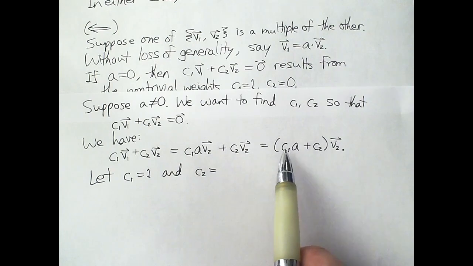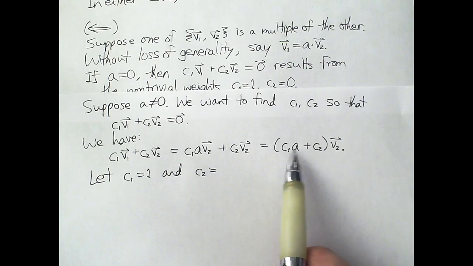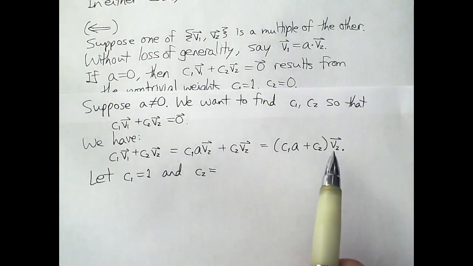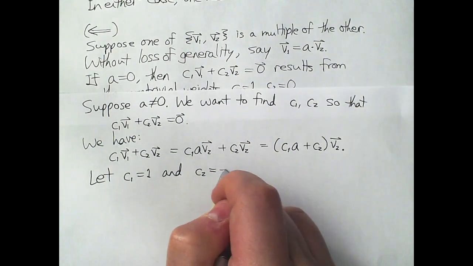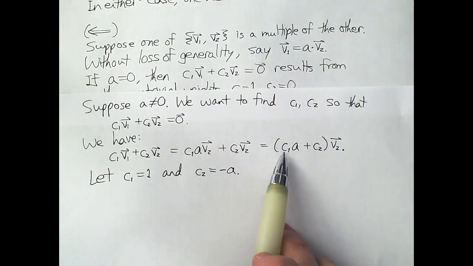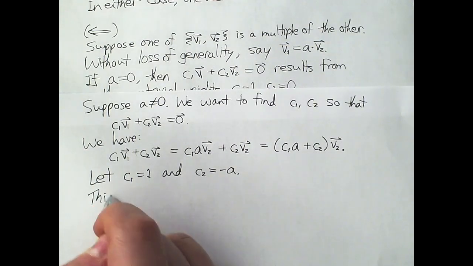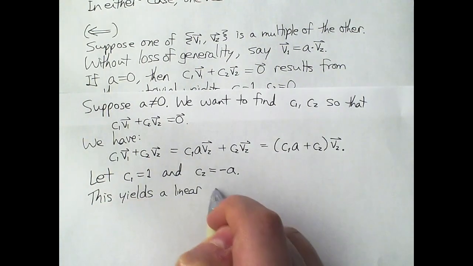I don't want them both to be zeros. That would be the trivial solution. But can I find a non-trivial C1 and C2 that makes this whole thing 0? And here's what I found. Let C1 equal 1 and let C2 equal negative A. Do you see that that's going to work? C1 is going to be 1, so we're going to have A here. C2 is going to be negative A. That's going to work. This yields a linear dependence relation.